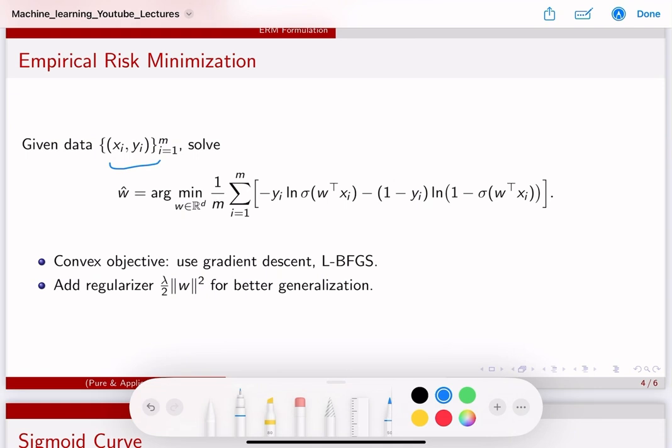We figured that this is the right loss function to minimize, and we want to minimize with respect to omega, and once we find the omega that makes this function the smallest, we're gonna call this the omega hat, and by omega hat we mean the optimal omega that makes this the smallest.